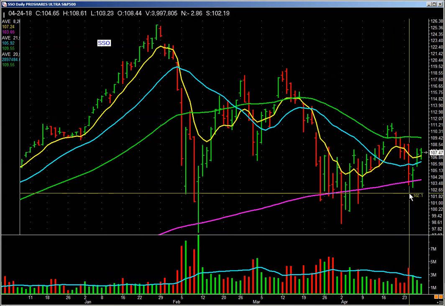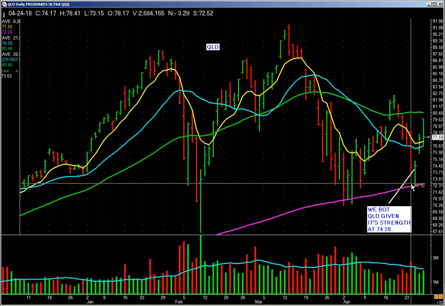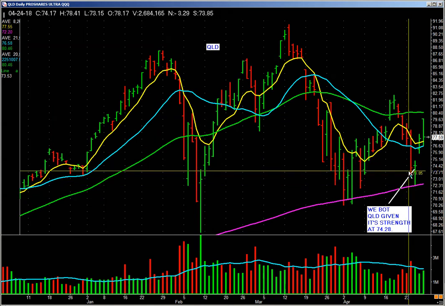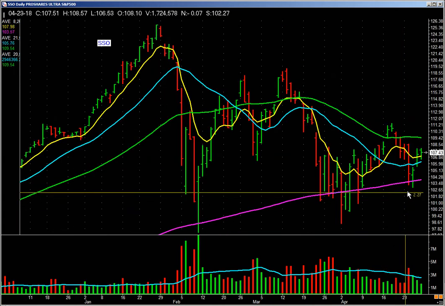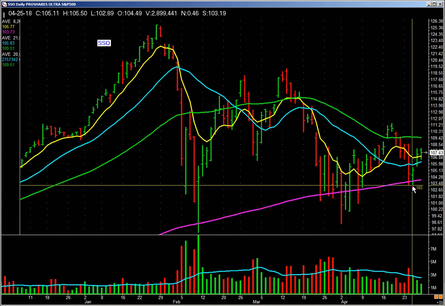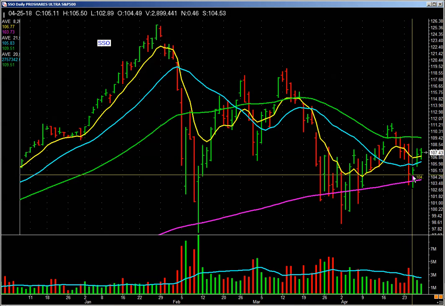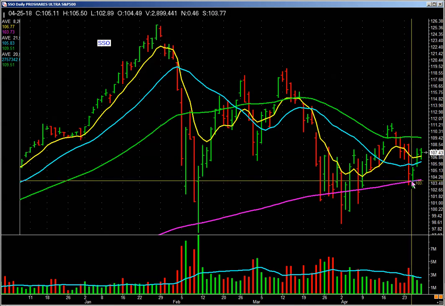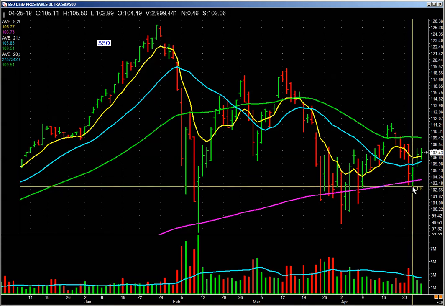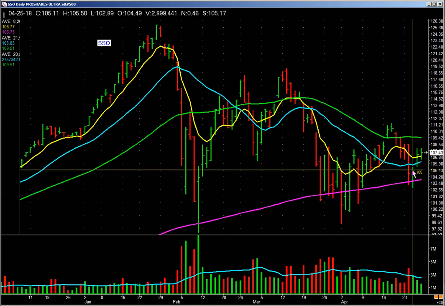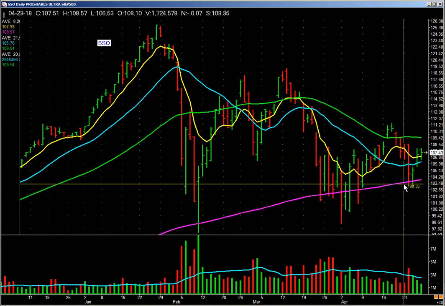SSO pierced the 200-day. QLD did not. It didn't touch the 200-day. Just looking at those two, which one is stronger? QLD. Three days ago, SSO gapped down and fell below the 200-day, and then reversed and closed up on the day. So put it together.